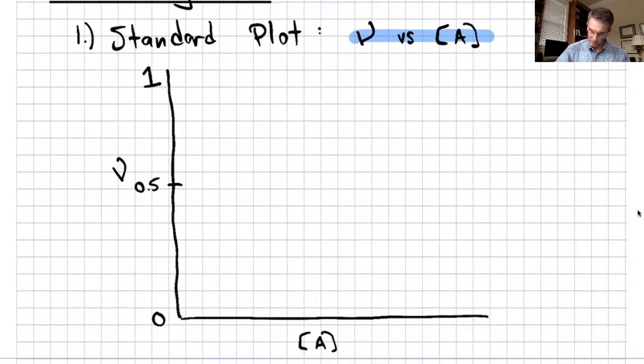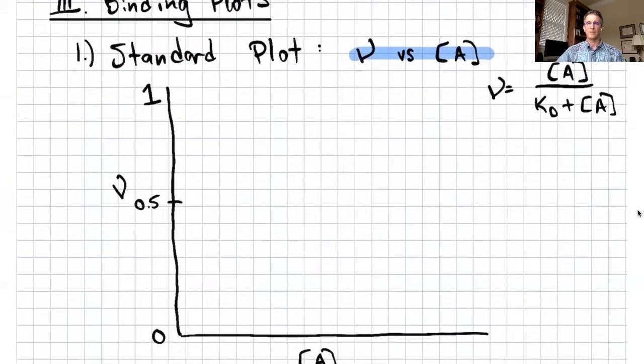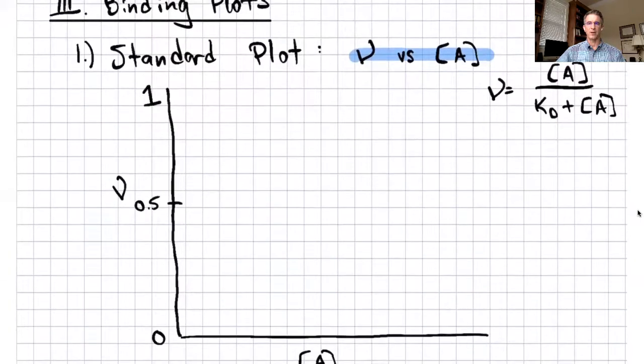And if we look back at that degree of binding expression, the concentration of A divided by KD plus the concentration of A, you can almost predict what this plot is going to look like. It's going to do this.